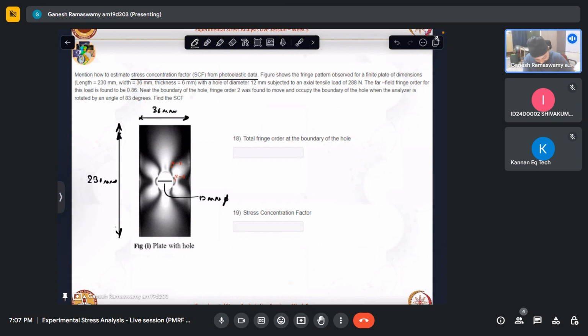I'll just put it like that. Okay. Hole diameter is this. Thickness is 6 mm for this case. And it is subject to an axial pull.